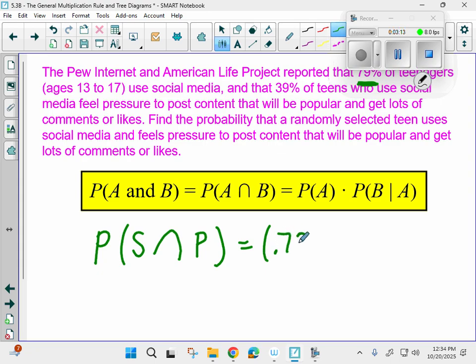And then this 39% is the conditional because it says 39% of the teens who use social media feel pressure to post popular content, meaning we know they post to social media. We know that first event is already happening, all right? And so we can just plug in 0.39. Again, they're giving us the conditional. We multiply those together, and we get a 31% chance.